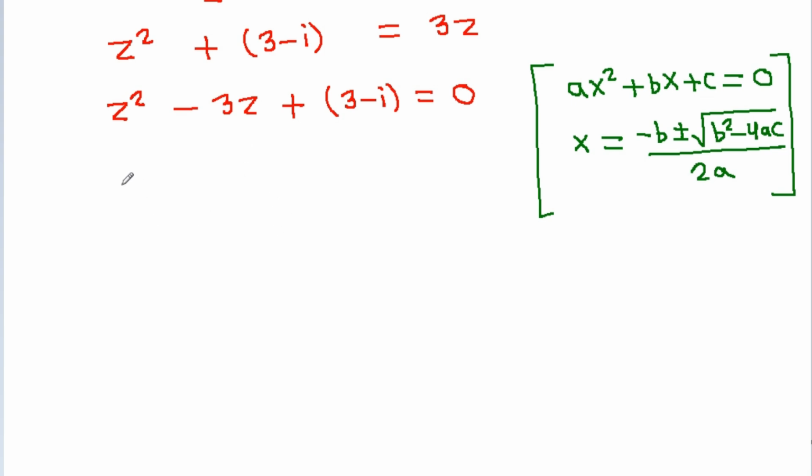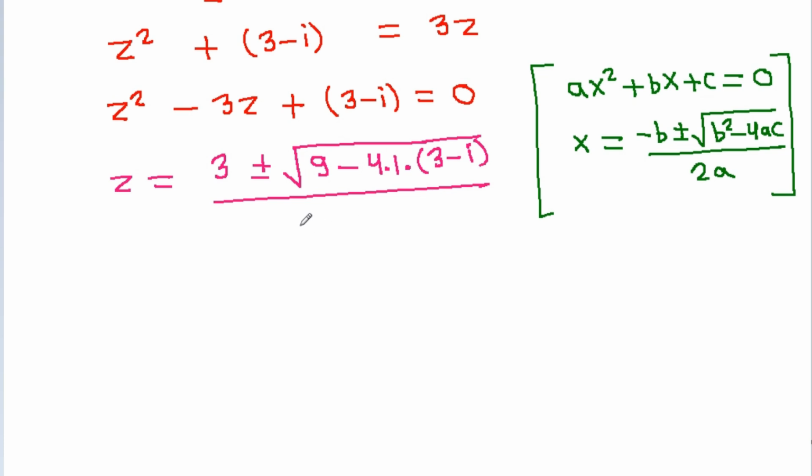So here z will be equal to minus of minus 3 which is 3, plus minus square root of (minus 3) square which is 9, minus 4 times a is 1 and c is 3 minus iota, by 2 times a is 1.